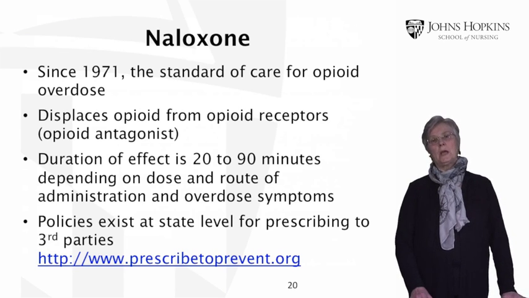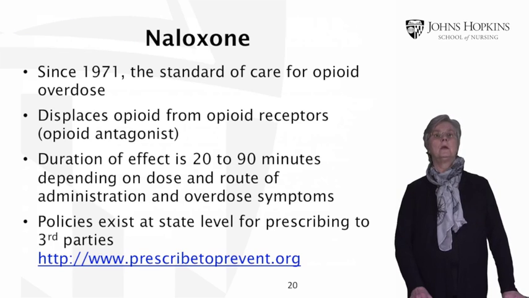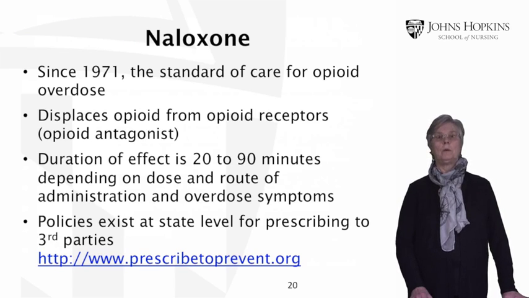The next medication, naloxone, has been the standard of care for opioid overdose since 1971. What naloxone does is it displaces the opioid from the opioid receptors. Therefore, it's an opioid antagonist. The duration of effect is 20 to 90 minutes, depending on the dose, the route of administration, and the overdose symptoms. Policies do exist at the state level for prescribing to third parties.